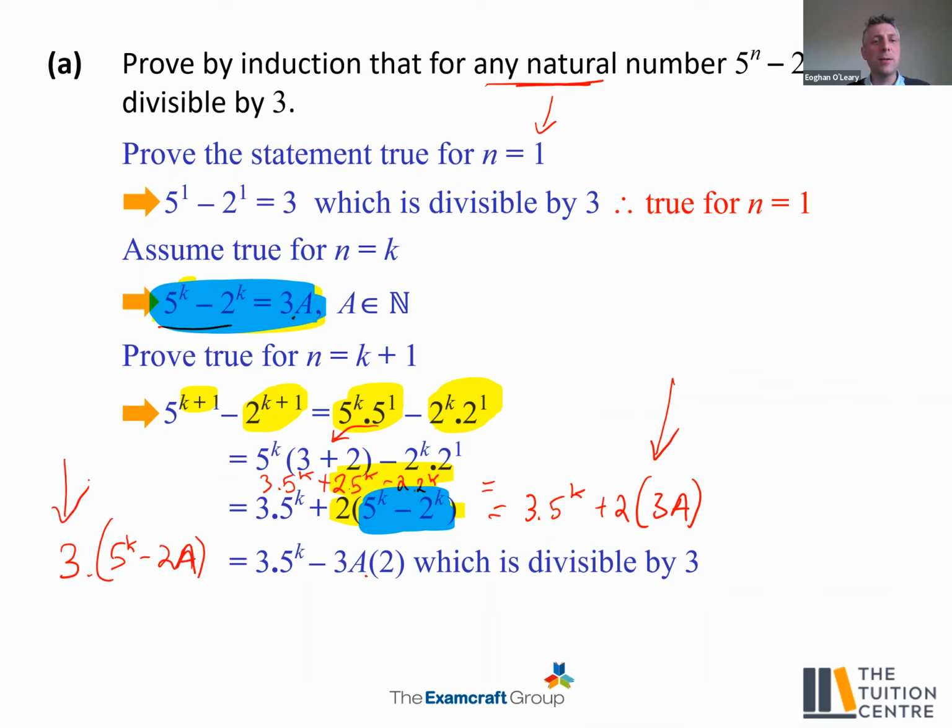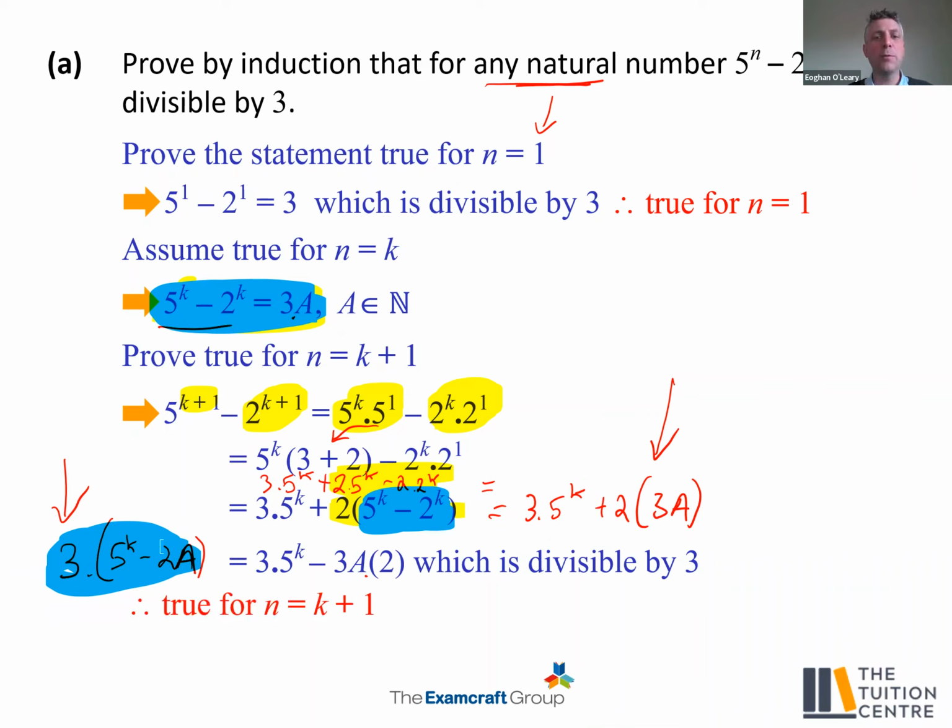Just to be clear, that has to be divisible by 3 because it is a multiple of 3. Therefore, I have proven the statement to be true for n equals k plus 1.